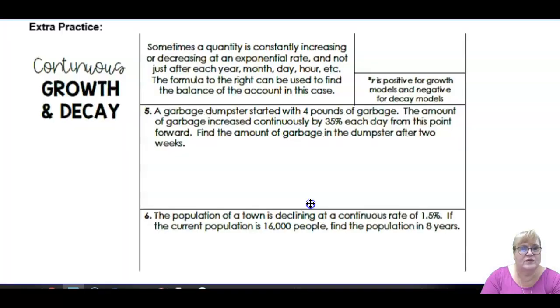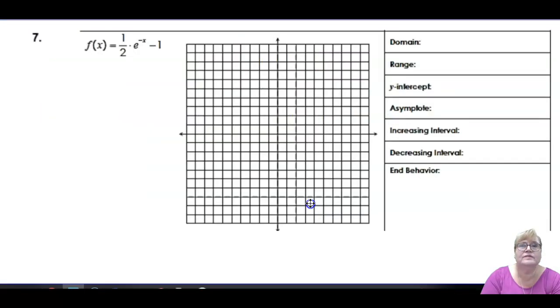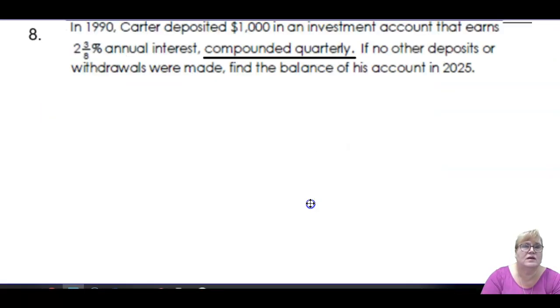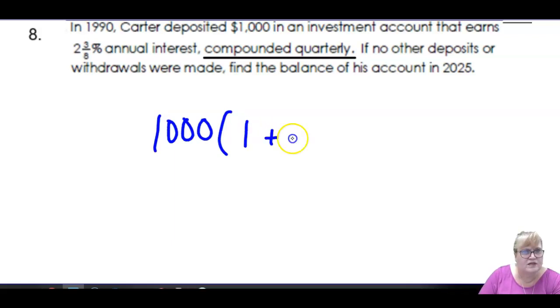I do have a couple extra practice things here. An extra compounded quarterly. I'll go back and do those other ones on the notes, but let's do another compound interest. $1,000, 1 plus 2 3/8.